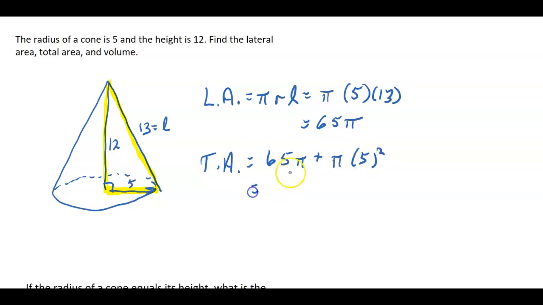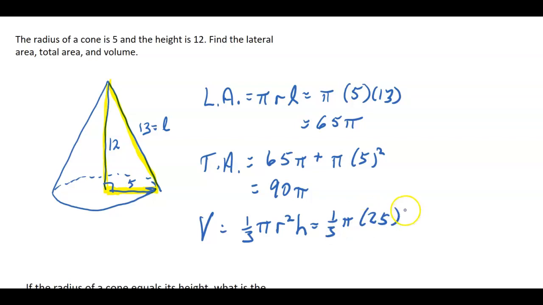So that's 65 pi plus 25 pi is 90 pi. And find the volume. The volume is 1/3 pi r squared h, which is 1/3 pi times 25 times 12. So 1/3 times 12 gives me 4. 4 times 25 is 100, so we have 100 pi for the volume.